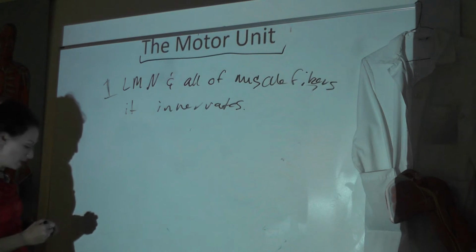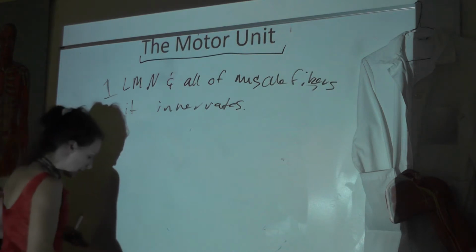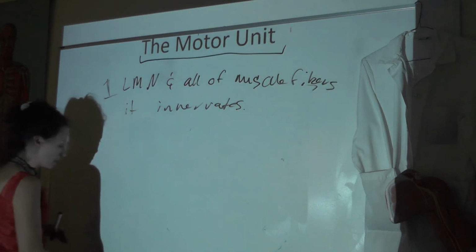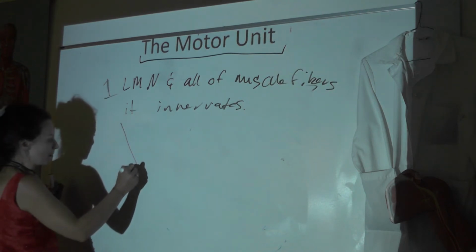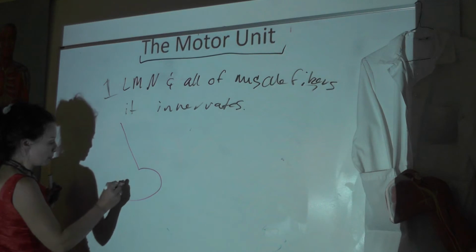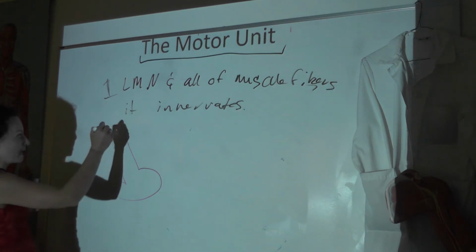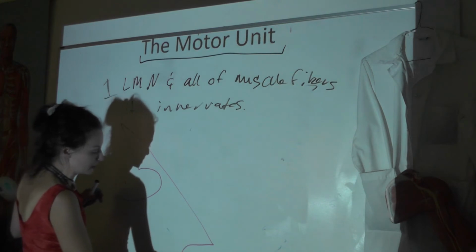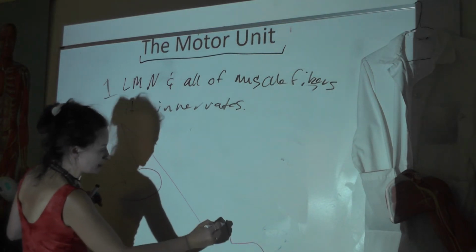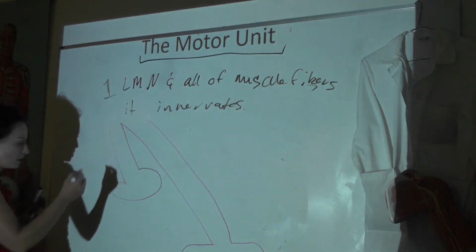Okay, well, in your book, you've got a figure that is showing you two different motor units. And so we've got, let's say, our pink lower motor neuron. And it has all these telodendria, right? There's branching of its axon that's going to give it multiple axon terminals.